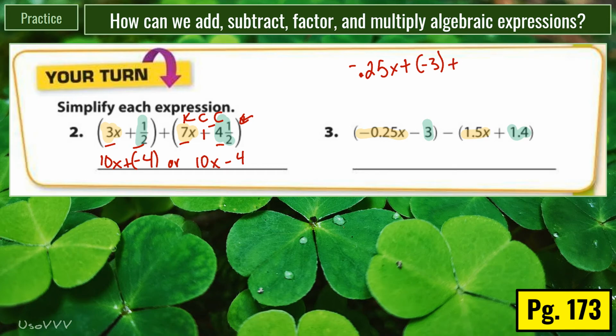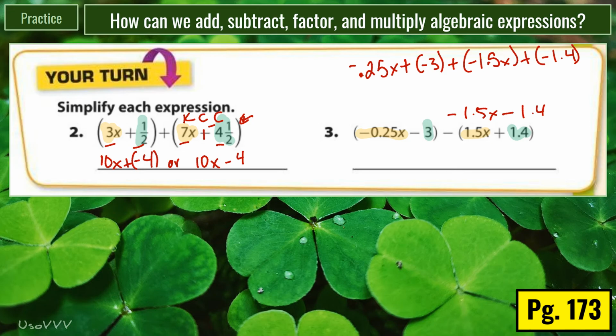I'm going to have a negative 1.5x and a negative 1.4. Because remember, this was minus 1.5x and minus 1.4, because this subtraction here is applying to this and it's applying to this. So when I rewrite it, I've still got the same things.